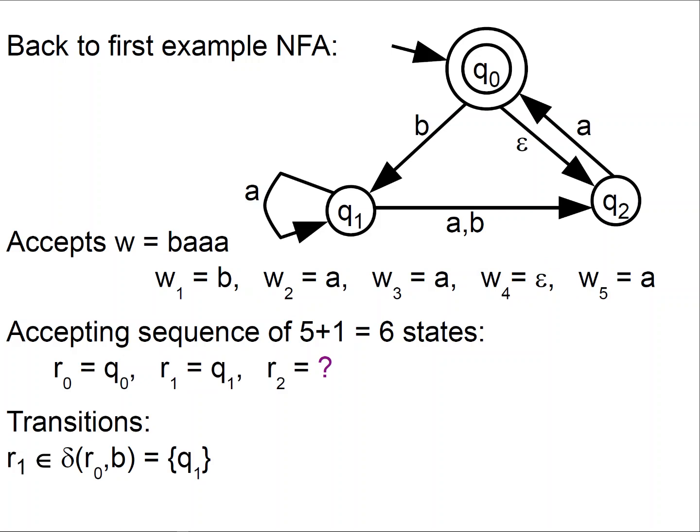It is Q1, because R1 belongs to delta R0, B, which is the set Q1.